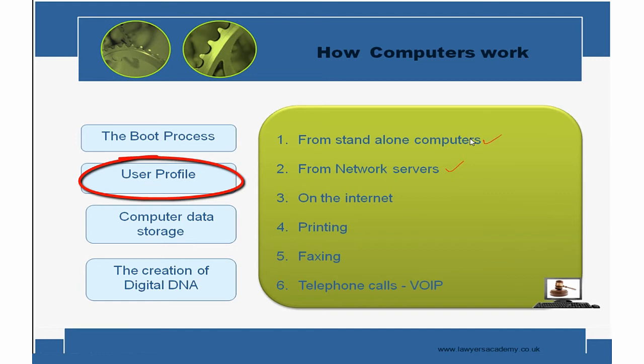However, when a user visits a website on the internet, sends emails or downloads files and folders, all of these so-called internet activities are conducted via the computers of the user's internet service provider.